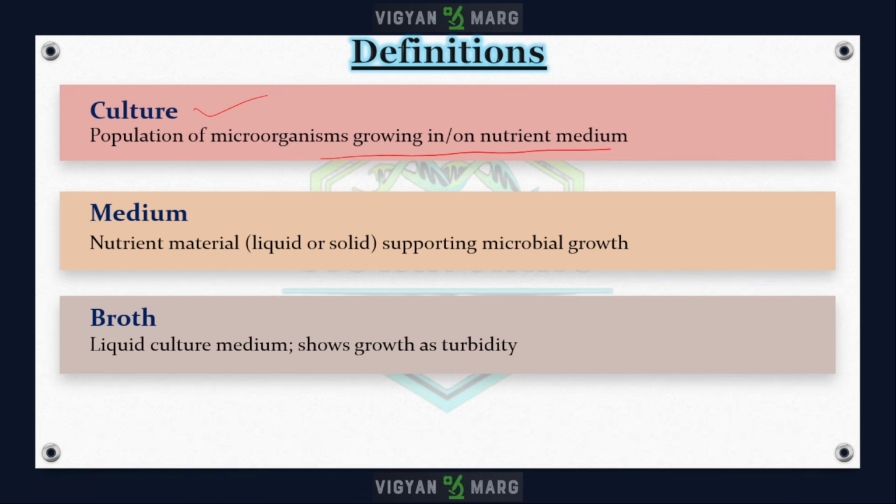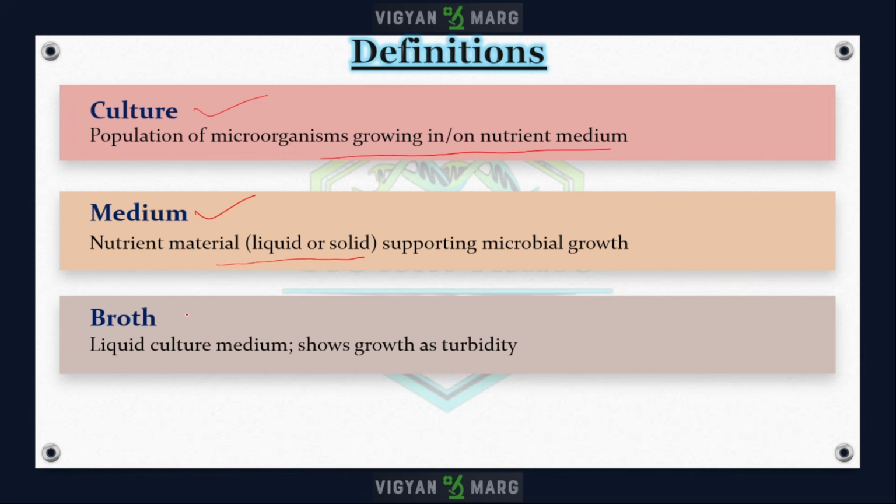And what is a medium? A culture medium is the nutrient material, which can be liquid or solid, that supplies the water, energy source, carbon, nitrogen, minerals, and sometimes vitamins or growth factors required for the growth of microorganisms.